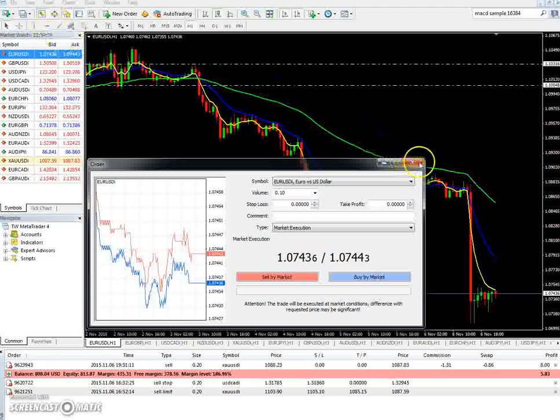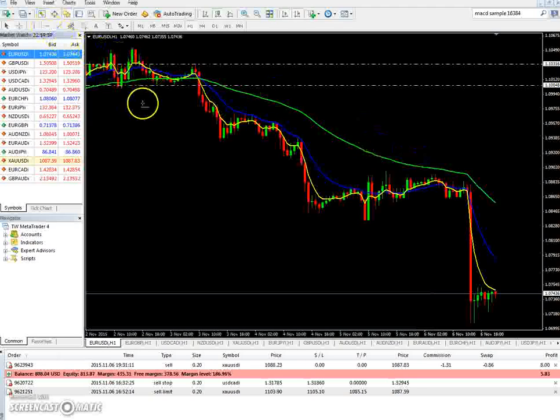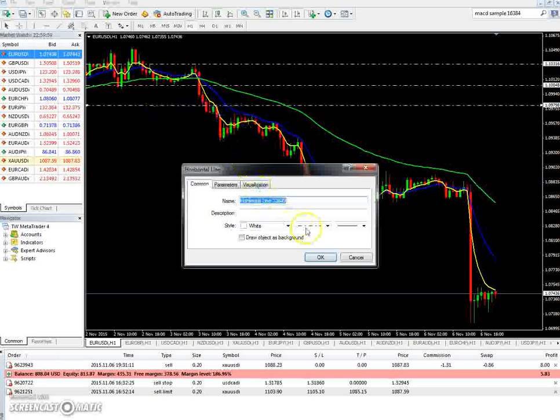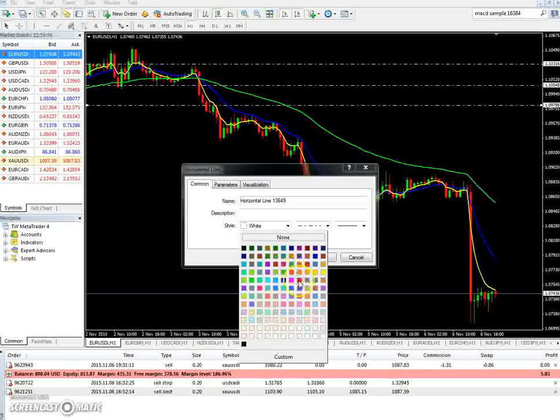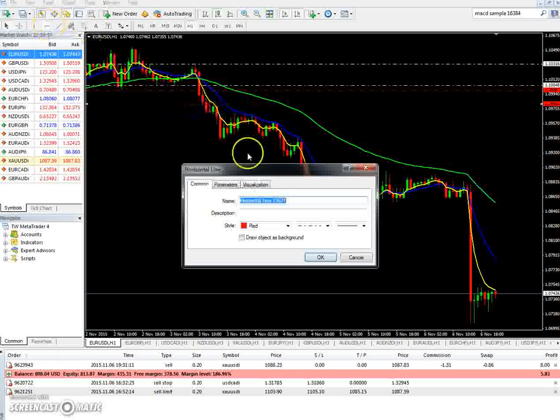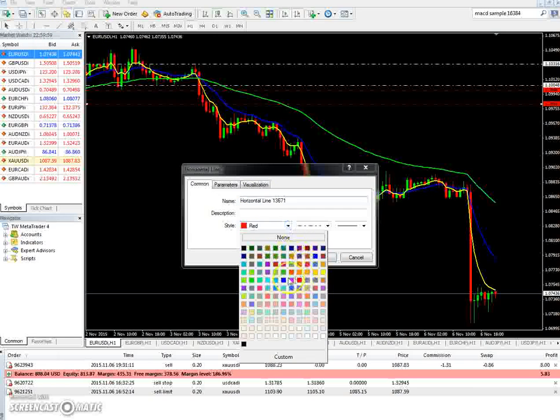I would have created a stop line, which I'm going to make red, and placed it at the bottom of the wick of this green candle that you see right there. That's my stop out.